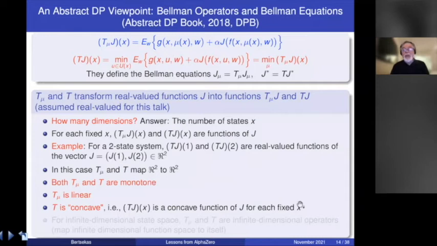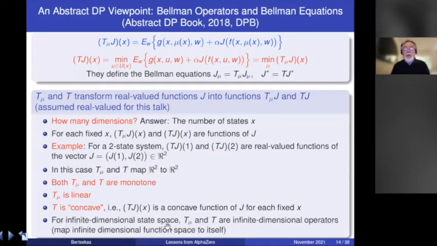So in particular, for every fixed state x, TJ of x is a concave function of J, not of x, of J. J, remember, is a function. TJ is also a function of J that's concave in the traditional meaning of convex analysis.